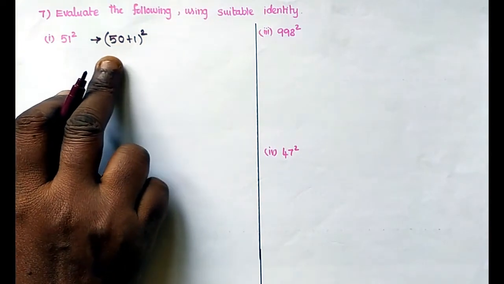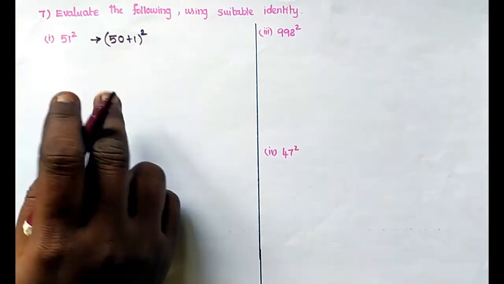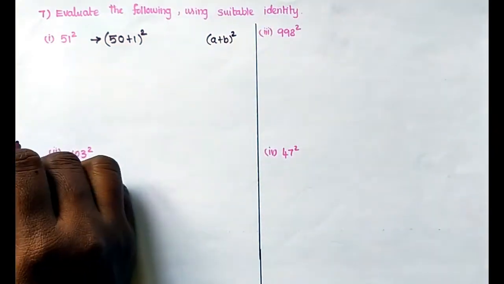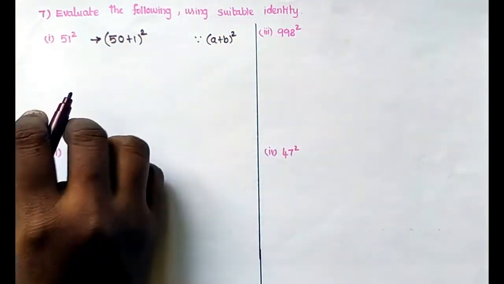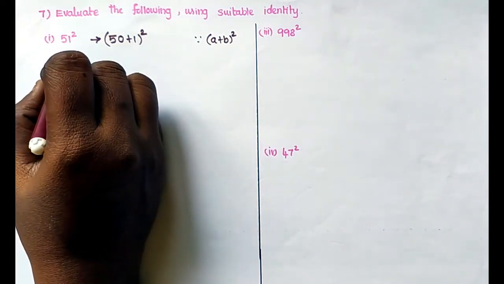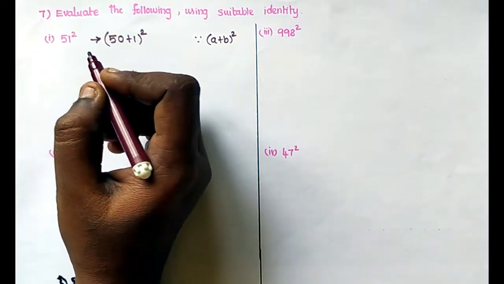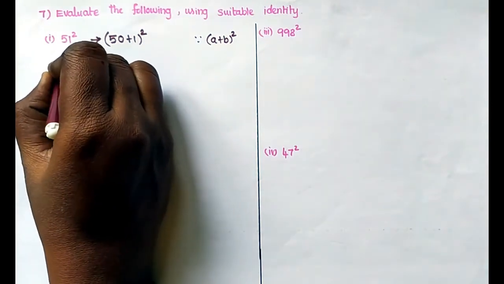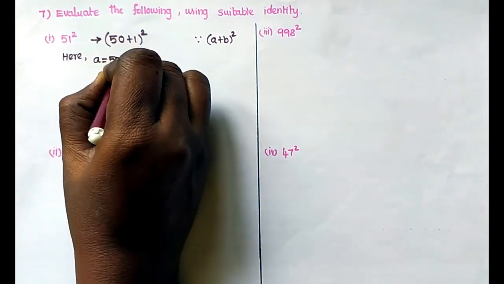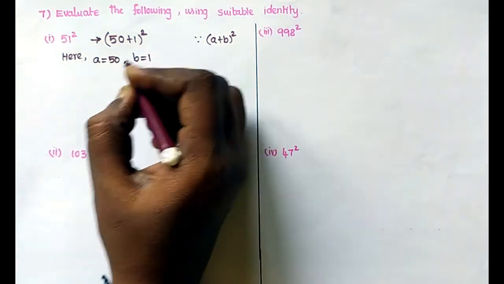Which identity is this? The (a plus b) whole square formula. What is the formula? (a plus b) whole square is equal to a squared plus 2ab plus b squared. Here a equals 50 and b equals 1.